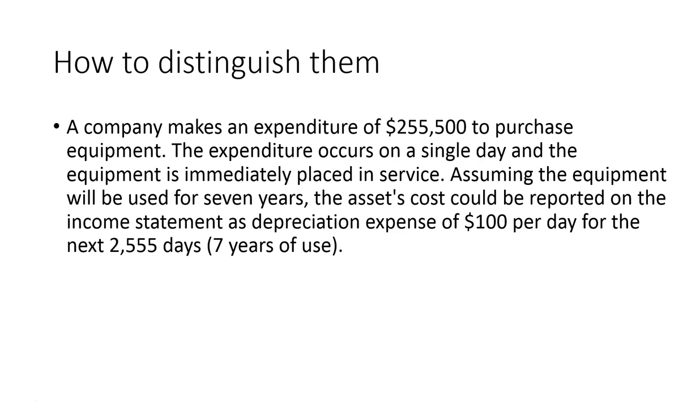Assuming the equipment will be used for 7 years, the asset's cost could be reported on the income statement as depreciation expense of $100 per day for the next 2,555 days, assuming 7 years of use. So the expense is the depreciation. So we depreciate it $100 per day. That's the expense. The expenditure was the initial one-time disbursement or payment of $255,500.